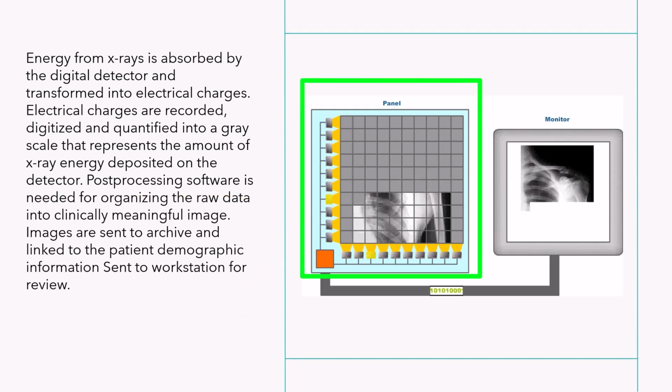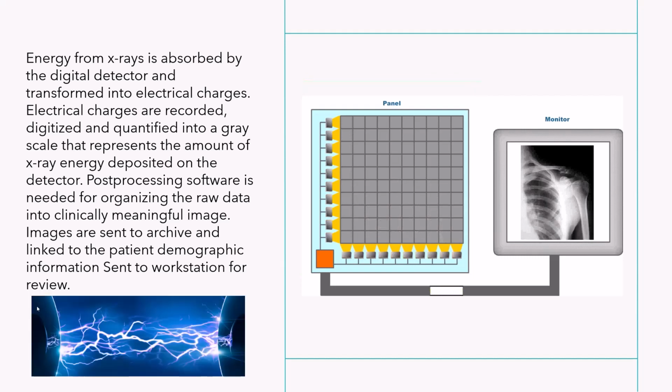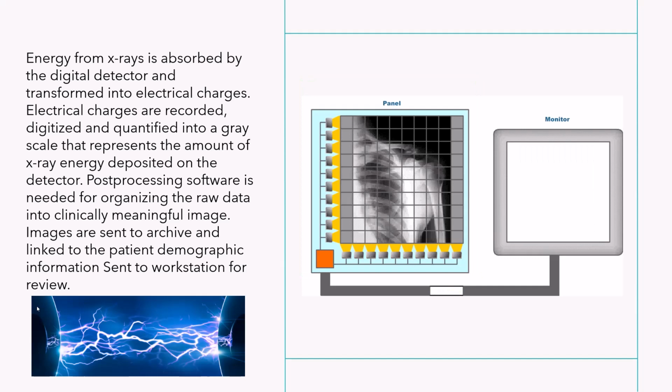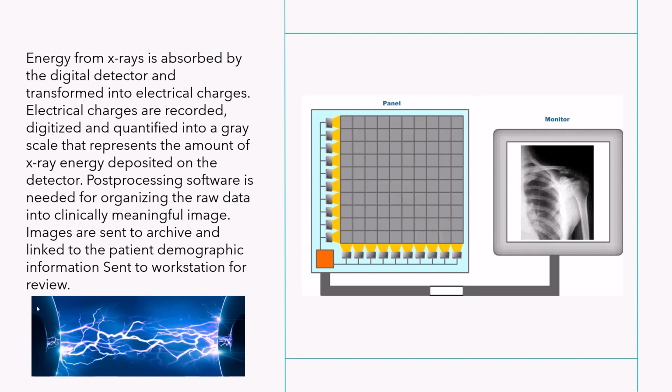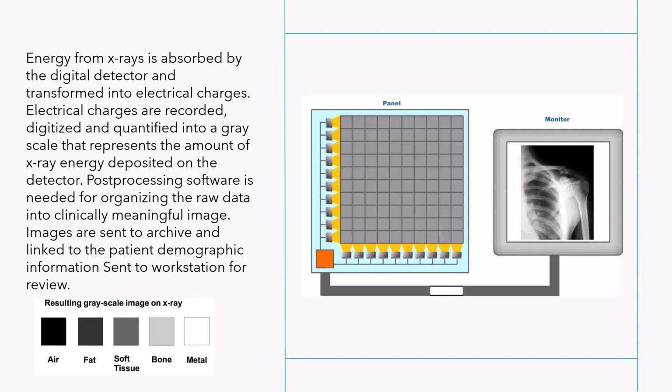Energy is absorbed by the digital detector and transformed into electronic charges. These electrical charges are recorded, digitized, and quantified into a grayscale that represents the amount of energy deposited on the detector.